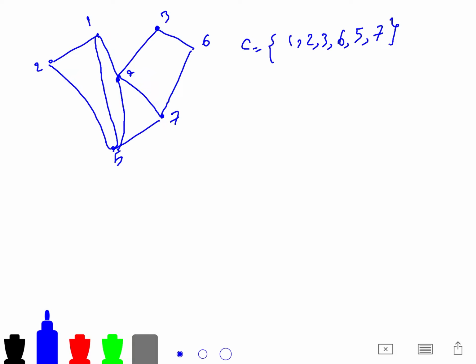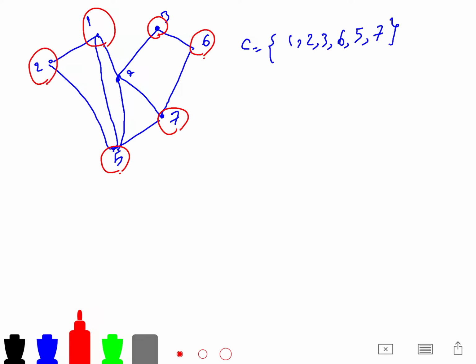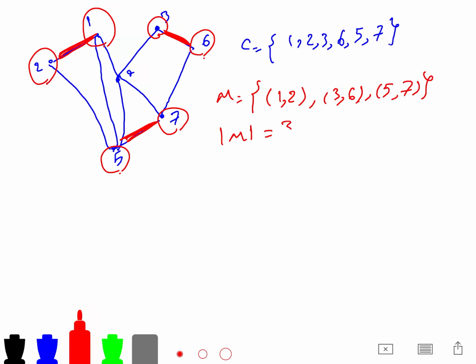So you have 3, 6, you pick 7, you pick 5, you include 1, you include 2. And interestingly, the maximal matching has just 3 elements, 1 and 2. So this is matched, this is matched, and this is matched as well. So we have 3 elements, 5 and 7, and the cardinality of the set M is 3.